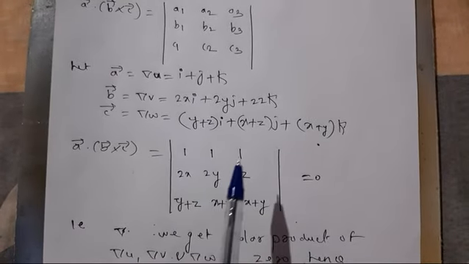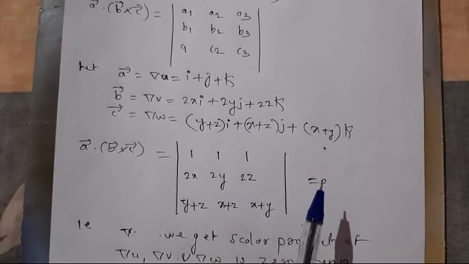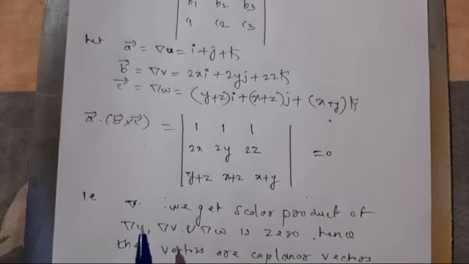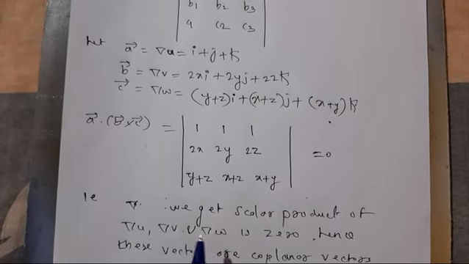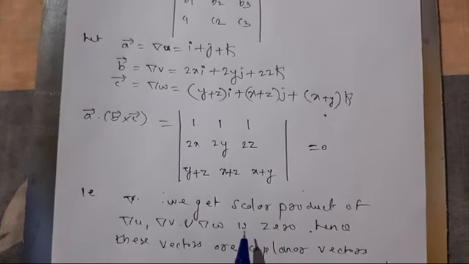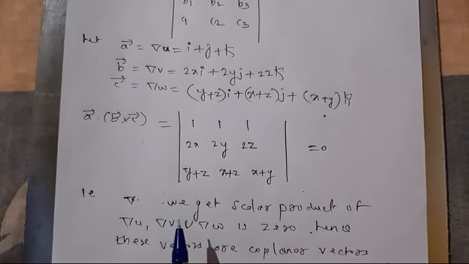After solving this determinant, we will get the value 0. That indicates gradient of u, gradient of v, and gradient of w are coplanar vectors because the scalar product of these vectors is 0. Thank you.